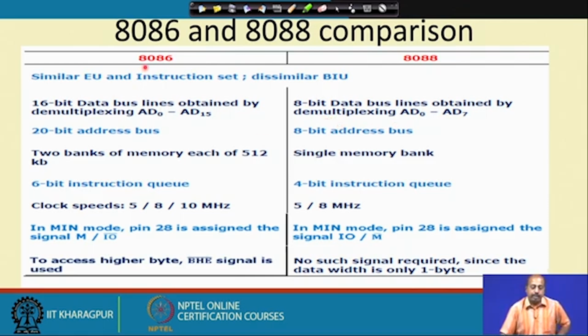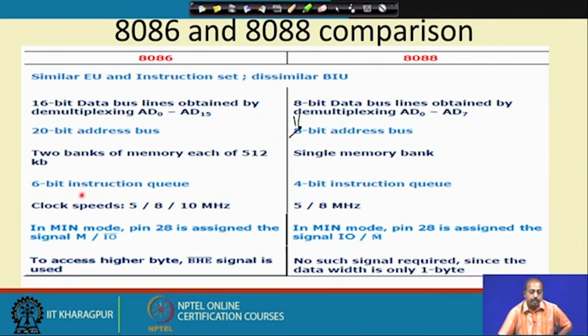In 8086 we have a 20-bit address bus. So, here this will be 16-bit, this is not 8-bit. We have 2 banks of memory, each of 512 kilobytes, while here it is a single bank of memory.